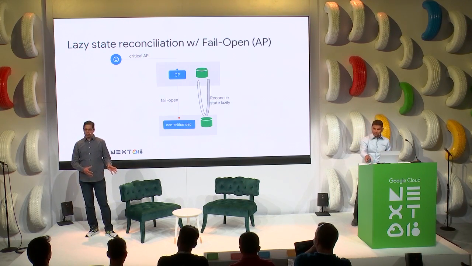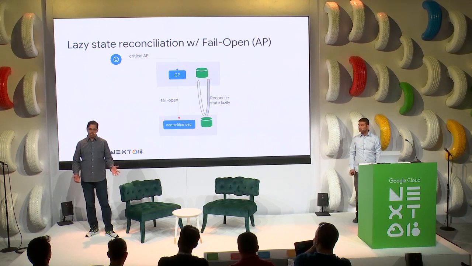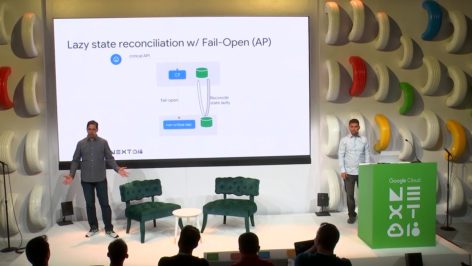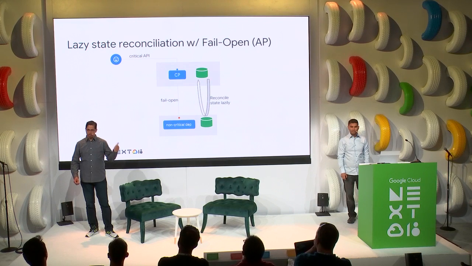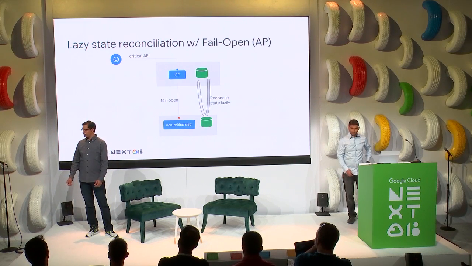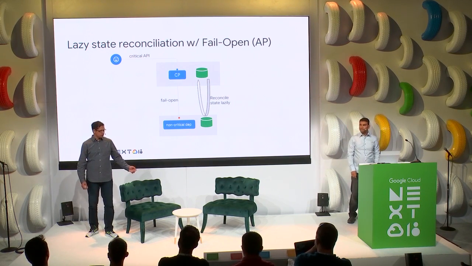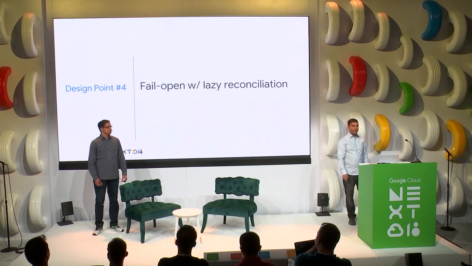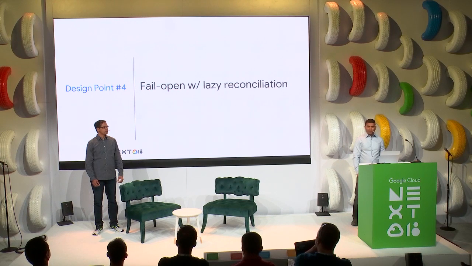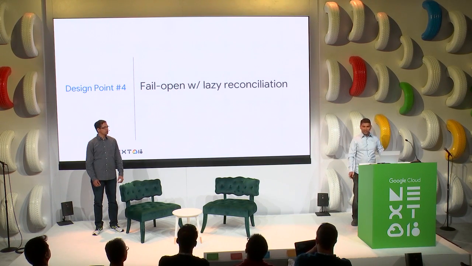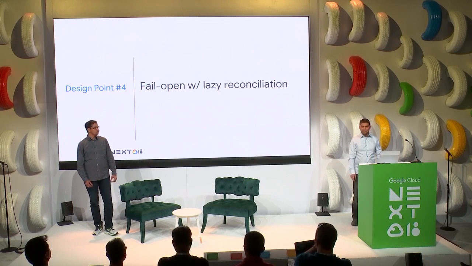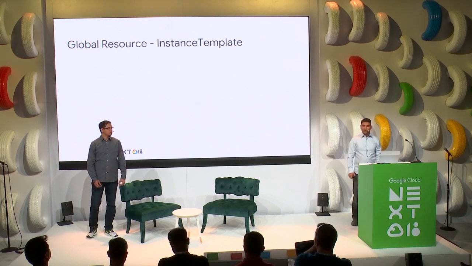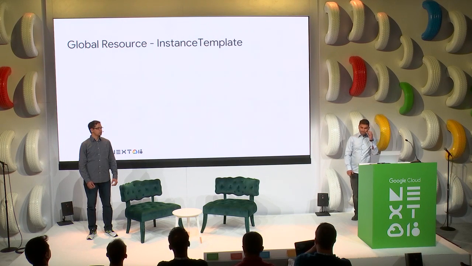So that's some of the pattern we have used for non-critical dependency, where we continue the operation, continue the top-level API available, and reconcile later. So that's our design point number 4. Do a fail open and do lazy reconciliation. In some ways, this is some sort of eventual reconciliation.